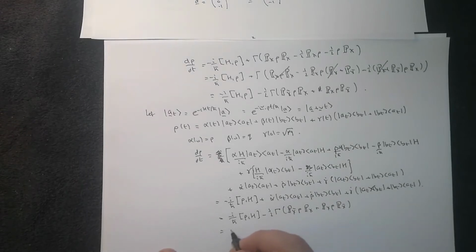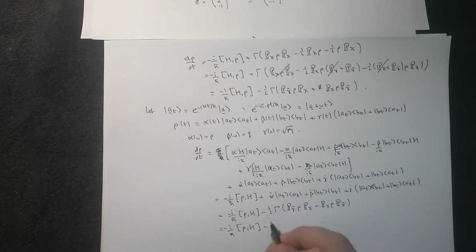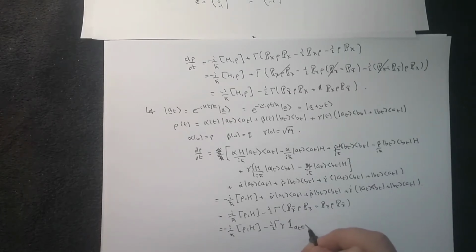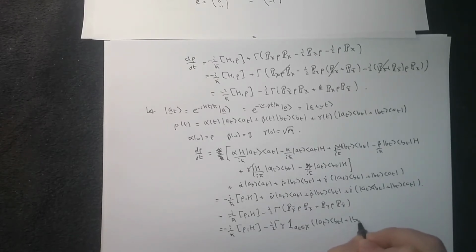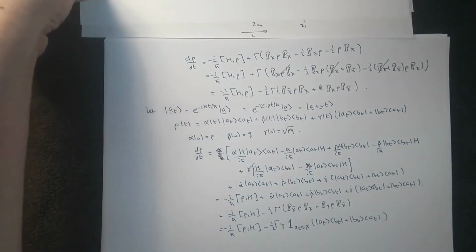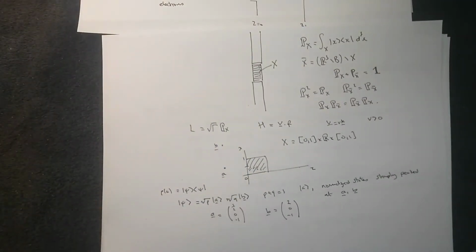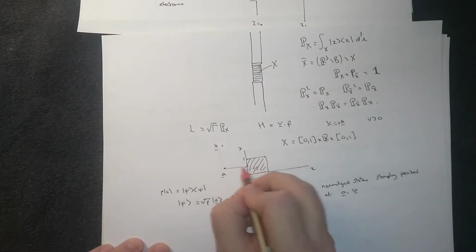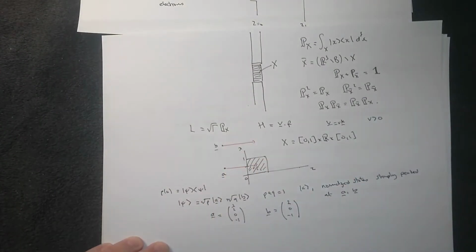That's minus i over h bar commutator of H with rho minus a half gamma, little gamma, times the indicator function that A_t is in X times A_t B_t plus B_t A_t. So this term is only ever nonzero when one of the particles has entered X and the other one hasn't.